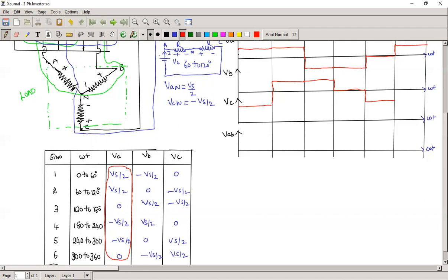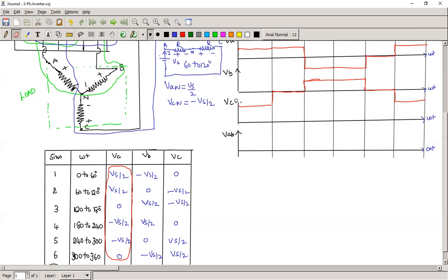So here this waveform is 0, then 60 to 120, next Vs by 2, then 0. This is the B phase.